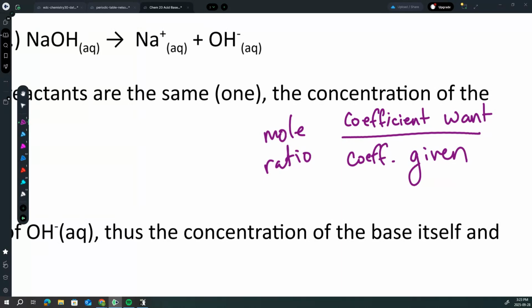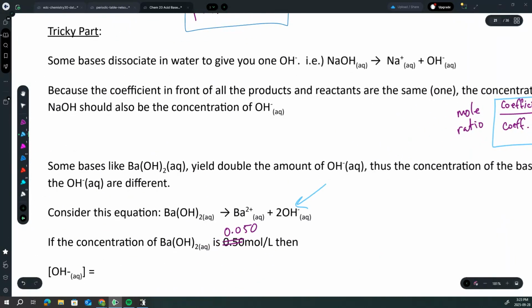Okay, so this is a quick little reminder. This is something that we've done in the solutions unit when we were trying to figure out concentration of different ions. Okay, but this is our mole ratio. So because it's based off of coefficients, we need a balanced chemical reaction for it, which we already have.